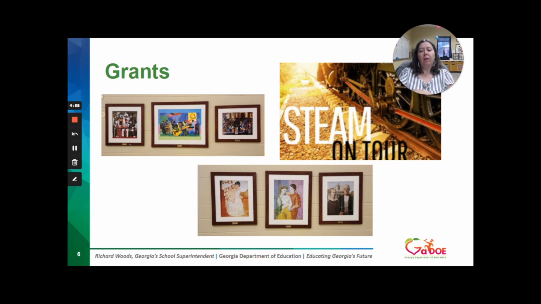And so the grant got us artwork like these that stayed in our school system. And I found out that the central office had gotten this grant, and I wanted it in our school. So we have one middle school, one junior high, and one high school, and then we have about 12 elementary schools.